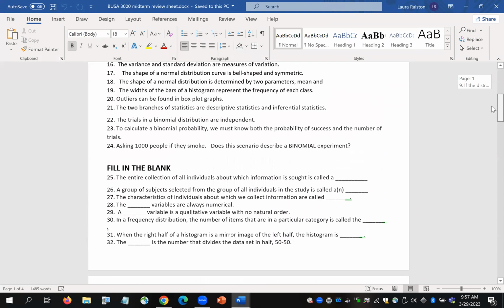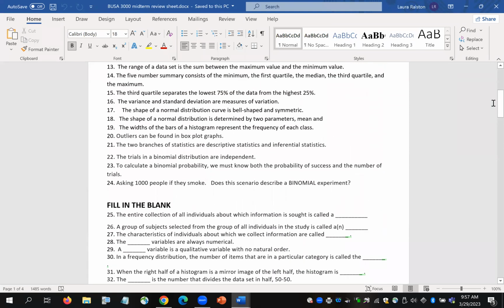And I don't see one here. I know in the past there has been a true false question that asks stem and leaf plots are best used with small data sets, which is true. I thought maybe it was on this list, but it apparently is not.